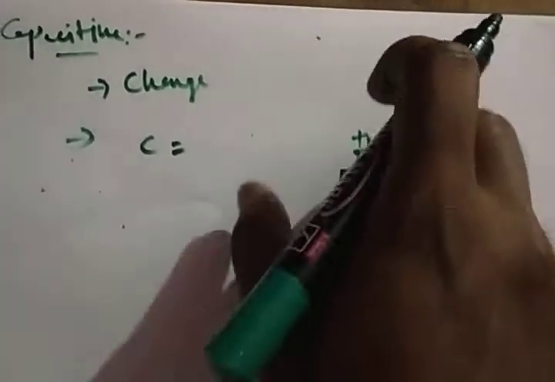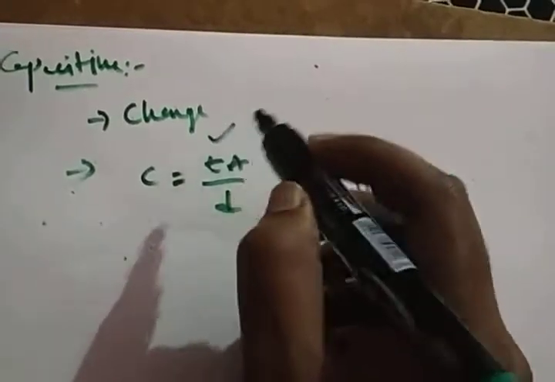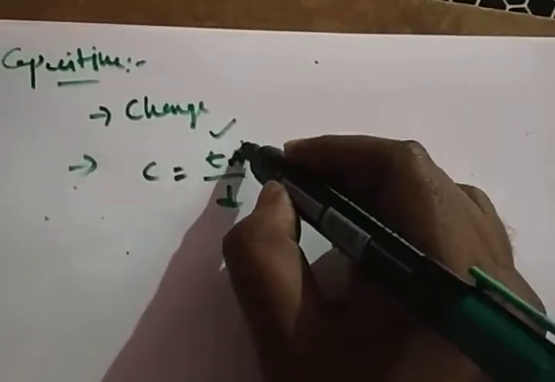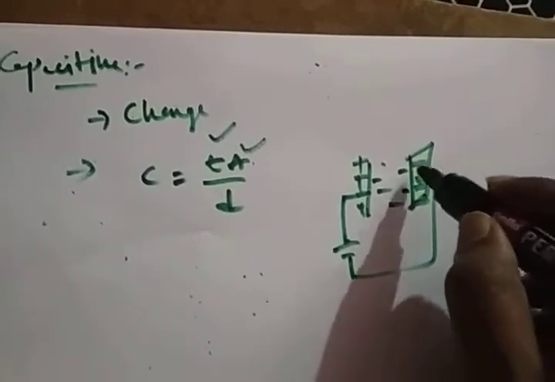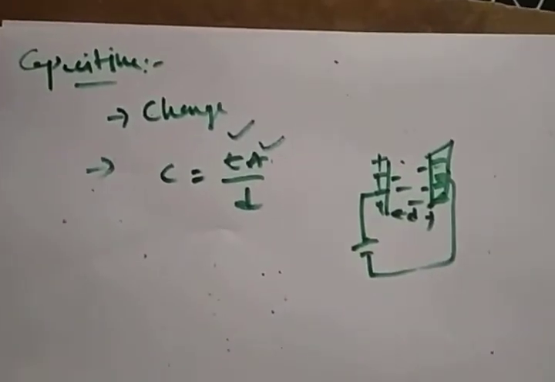How much charge is accumulated is how much capacity the system has. So what is the formula? C = epsilon A by D, where epsilon is the permittivity, A is the area of the plates, and D is the distance between the plates.